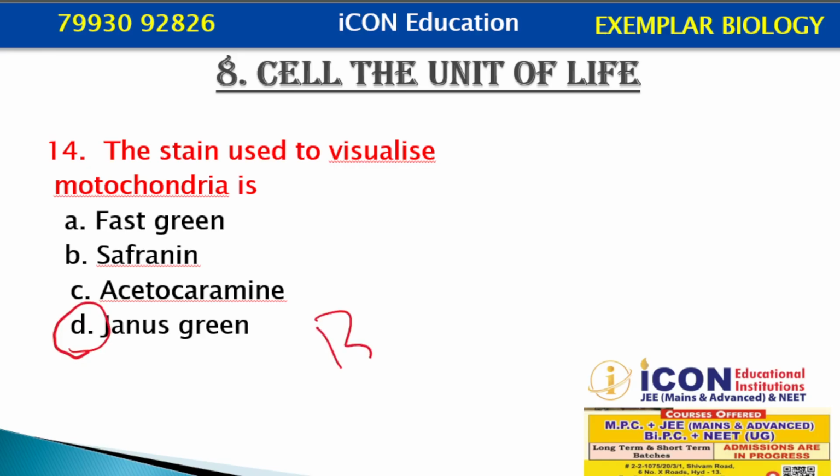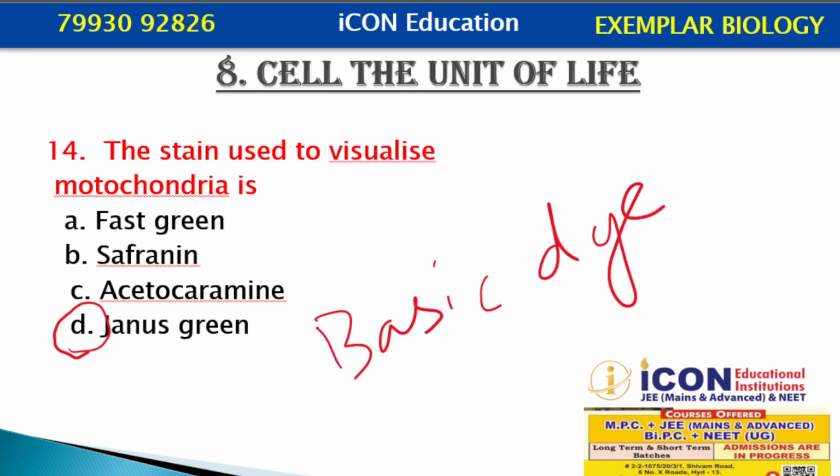It is a basic dye, and this is vitally used to stain mitochondria because it will give blue color in the presence of oxygen. This stains the mitochondria by oxidizing, appearing blue color. So Janus green, this is a basic dye which is used to visualize mitochondria.